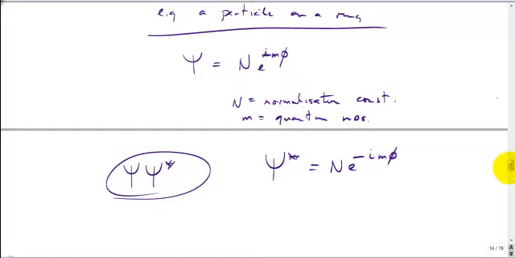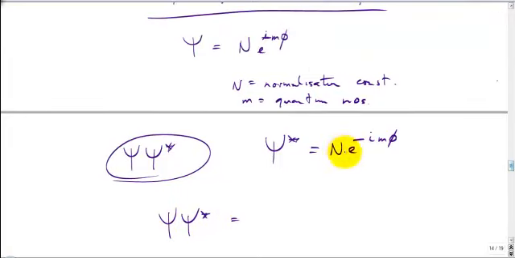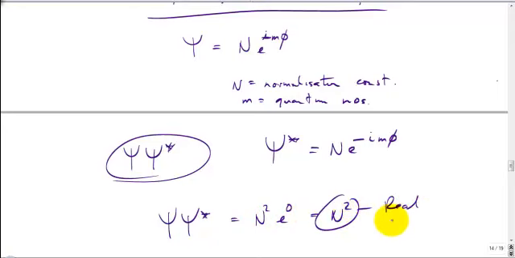So now, similar to what we did above, psi asterisk times psi, you're multiplying that by that, so you're going to get N squared, same as above, e to the 0 is equal to 1, so it's N squared, and that's a real number.